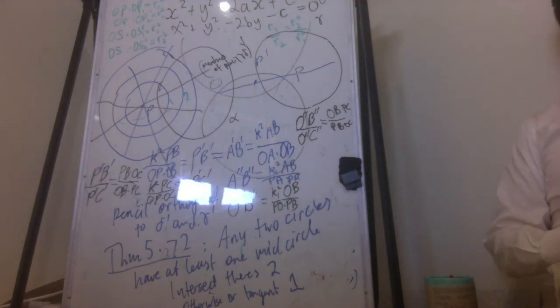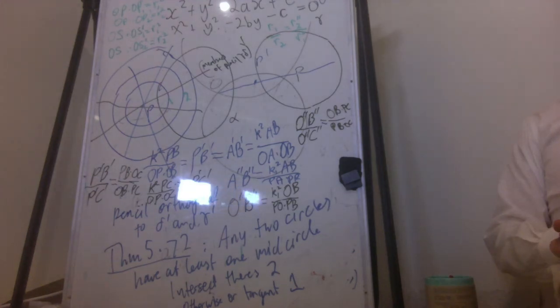If you have two circles, then you can invert one with respect to the other into a third circle.